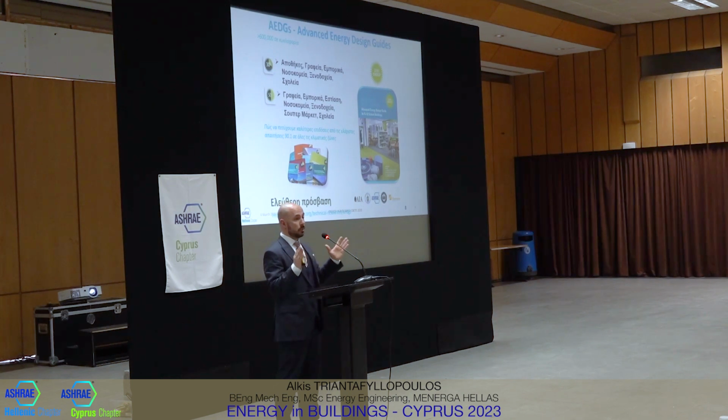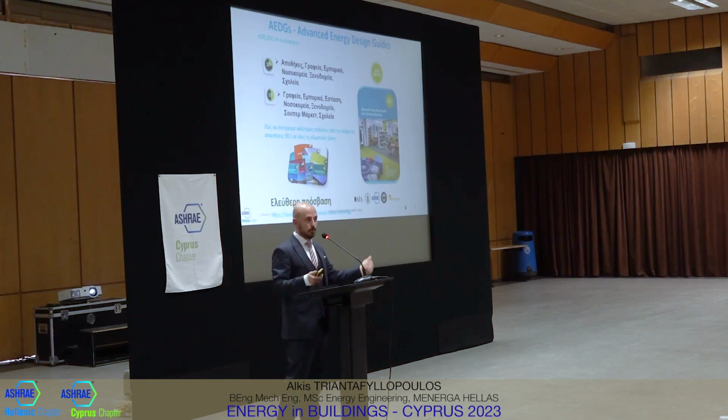They have focused on some specific types of buildings so far, and they have made them available to the public, to give us 50%, 75%, and 99% zero energy building design guides. Essentially, it gives you an advanced energy design guide on how to do a step-by-step design for buildings and get to NZEB.